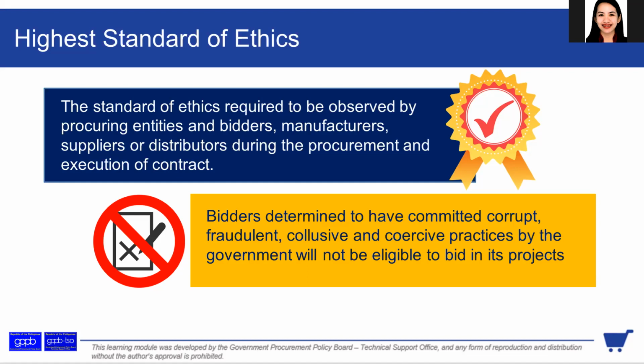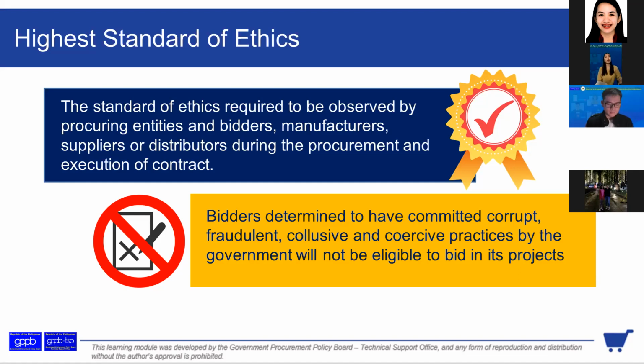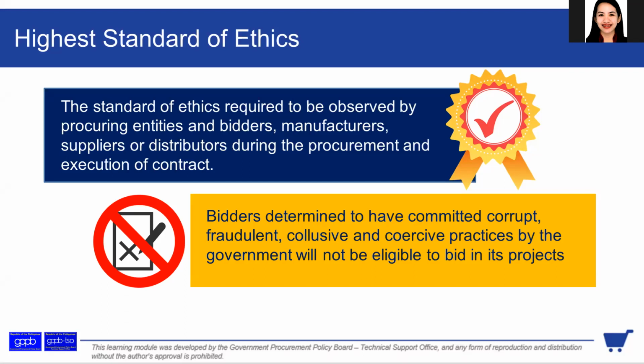So yan, highest standard of ethics required to be observed by procuring entities, yung agencies natin, and bidders, manufacturers, suppliers, or distributors during the procurement and execution of contract. No? So yan yung i-observe natin because nga public office is a public trust.